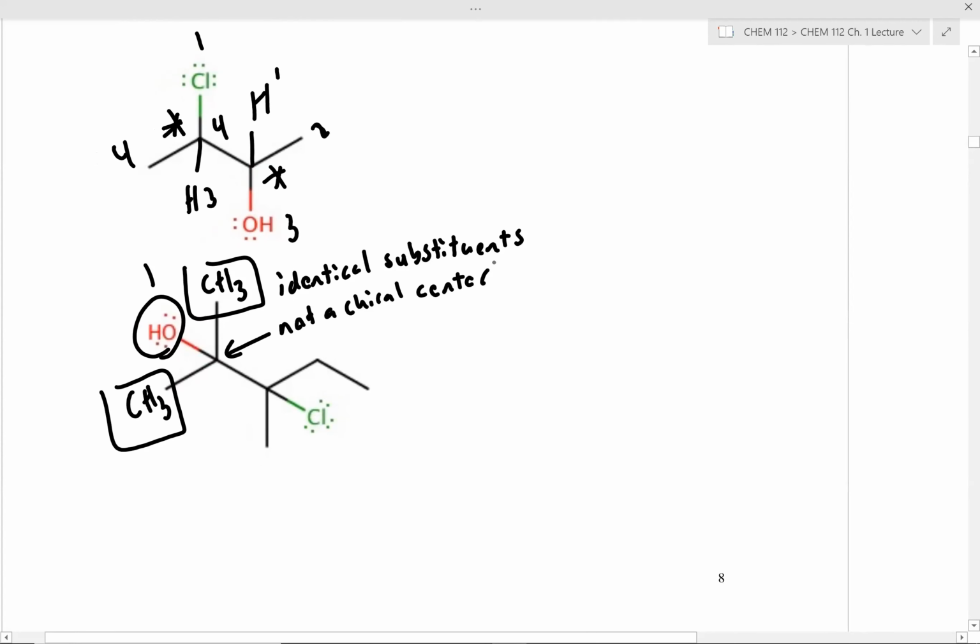Comparatively, the carbon attached to the chlorine has a methyl, an ethyl, this complicated alkyl chain and a chlorine. So 1, 2, 3, 4 unique substituents. So we do in fact have a chiral center in this molecule, and that's on the carbon attached to the chlorine. So always just remember a chiral center, we have 4 unique substituents, and there's no axis of symmetry present in our molecule.